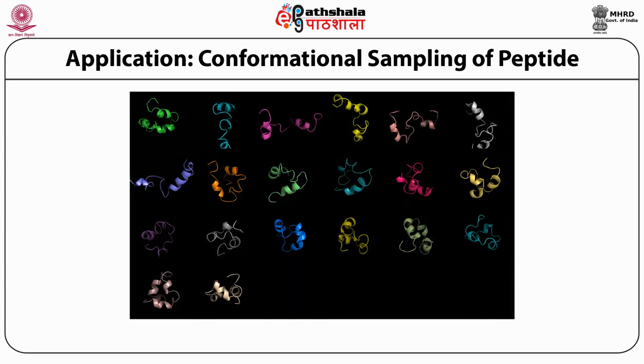Similarly, we can also perform conformational analysis of peptides or small molecules where experimentally determined structures are not available. We can identify the most common conformation of small peptides, which can be further used for binding or docking studies. Here we can see the different conformations of a small peptide generated during MD simulation.